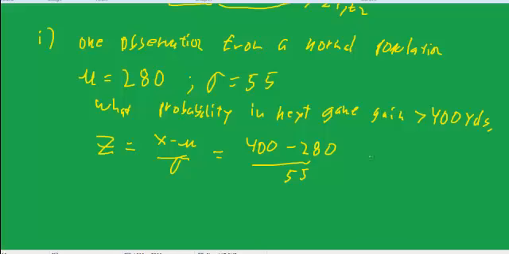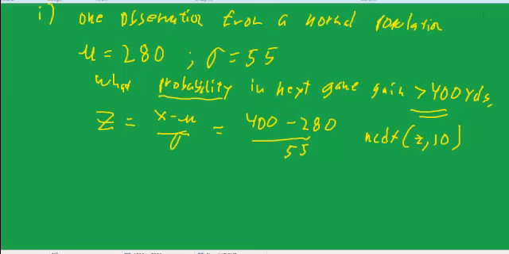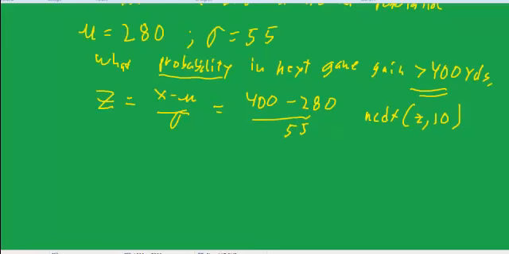But anyway, we'd take the normal CDF from that Z to 10, since we're looking for greater than, and that would be our probability. That would be the answer. So that's the first use. That was chapter 2. And then another use, and in some sense this first one's a special case of this.